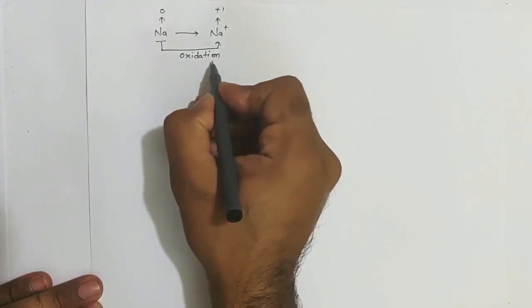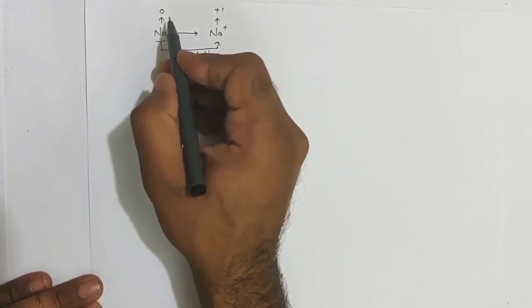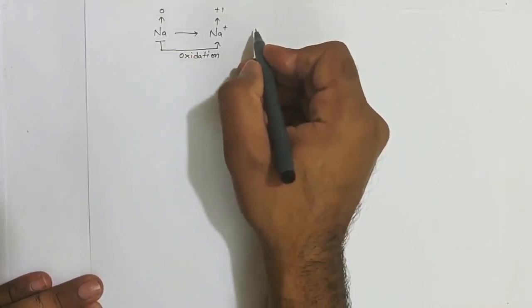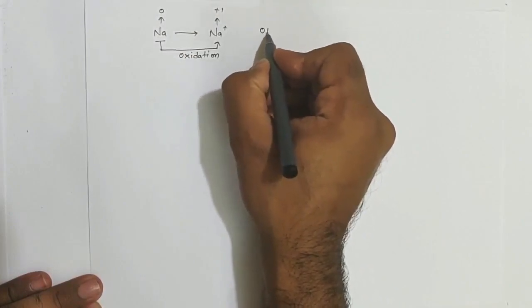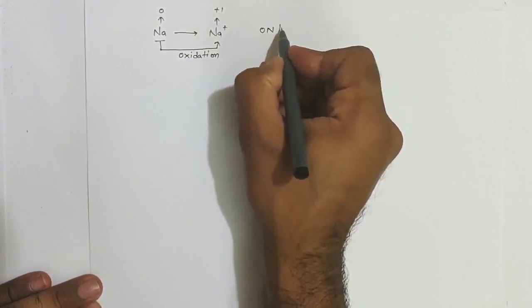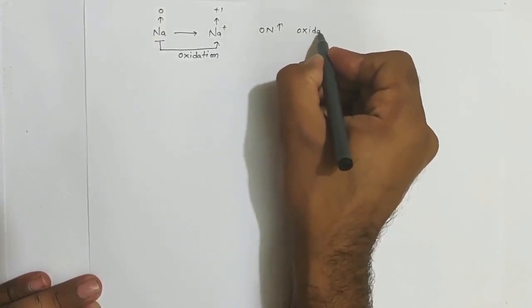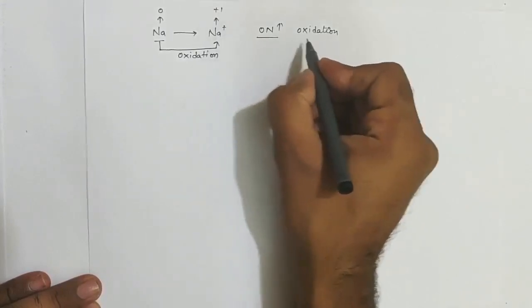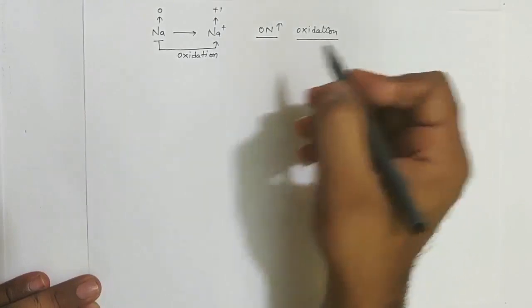In this oxidation process, sodium changes its oxidation state from 0 to +1. So we can say that there is an increase in oxidation number. So whenever there is an increase in oxidation number, the process is termed as oxidation process.